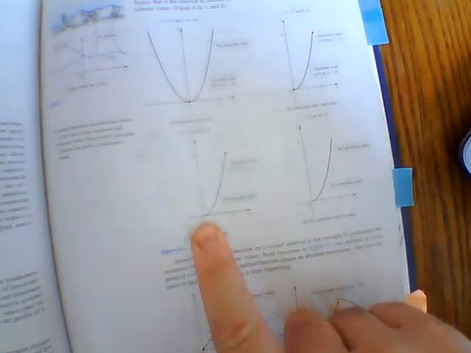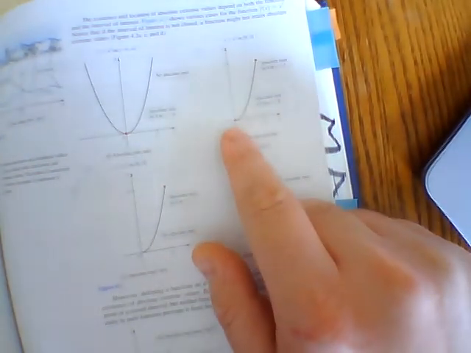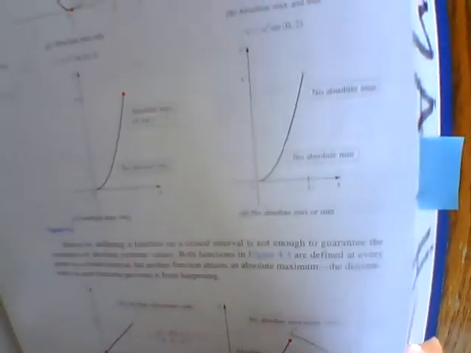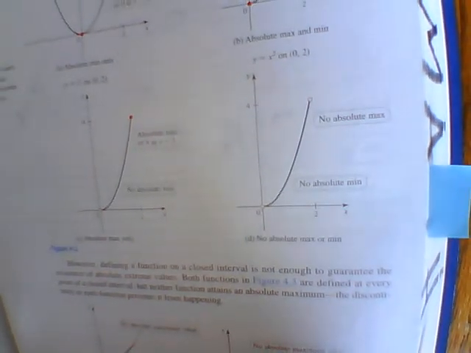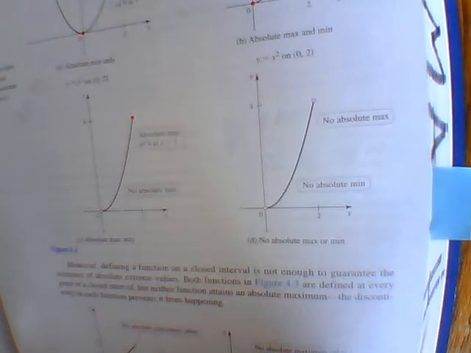Actually there is no absolute minimum here because we are not defined at this point. Over here we have our absolute minimum and absolute maximum, and on this one we have no absolute minimums and no absolute maximums, because they are open holes, or they are moving up to that point but do not exist at that given point.